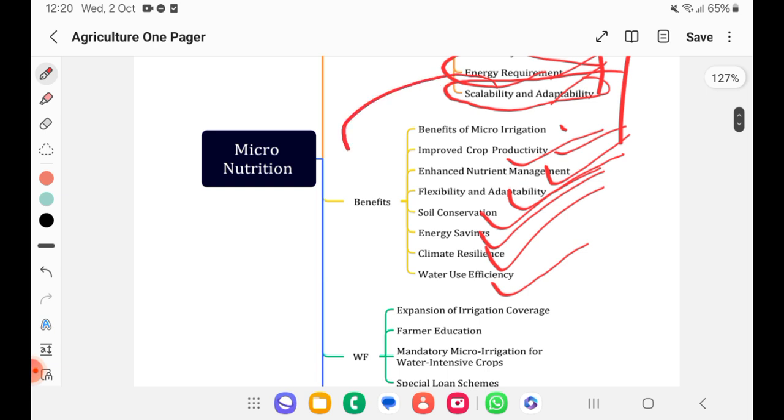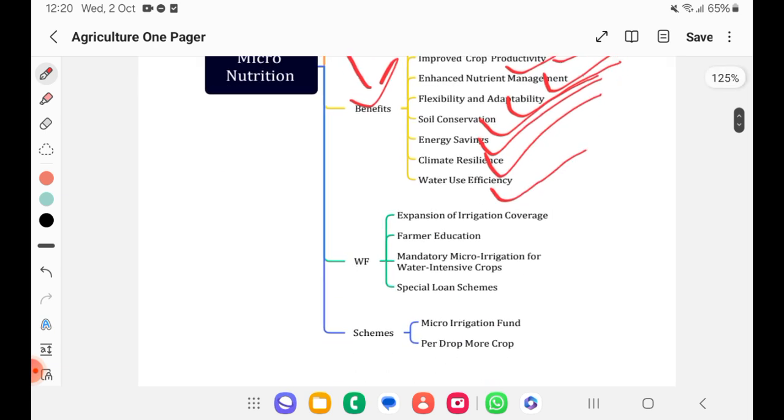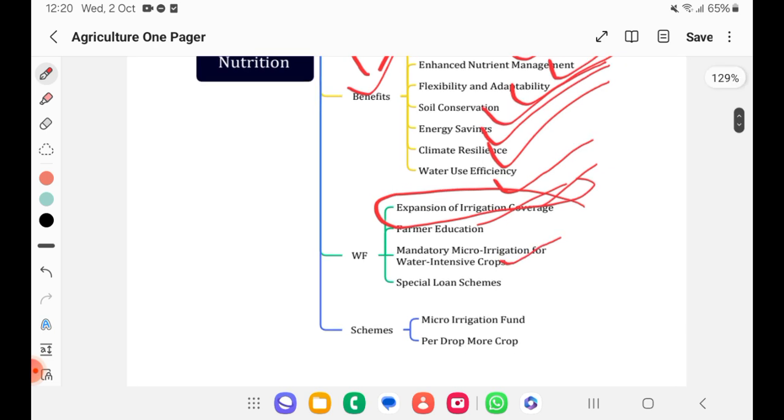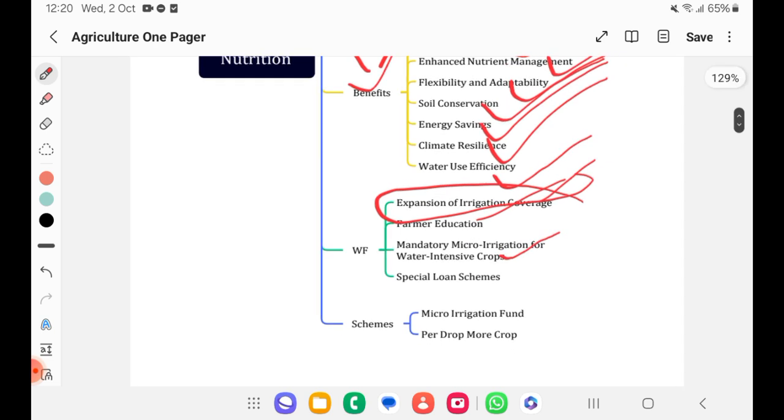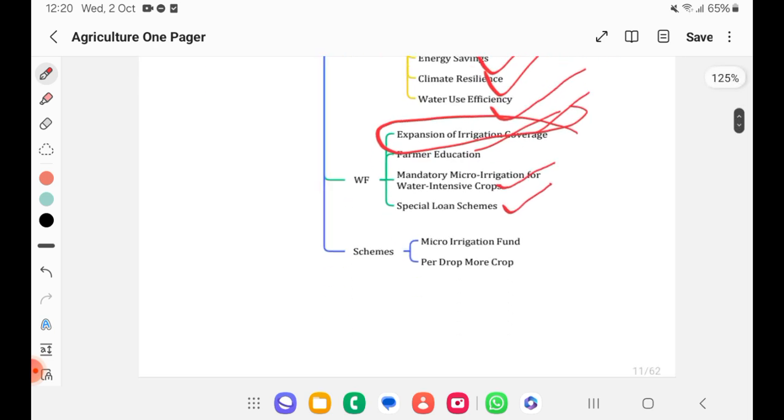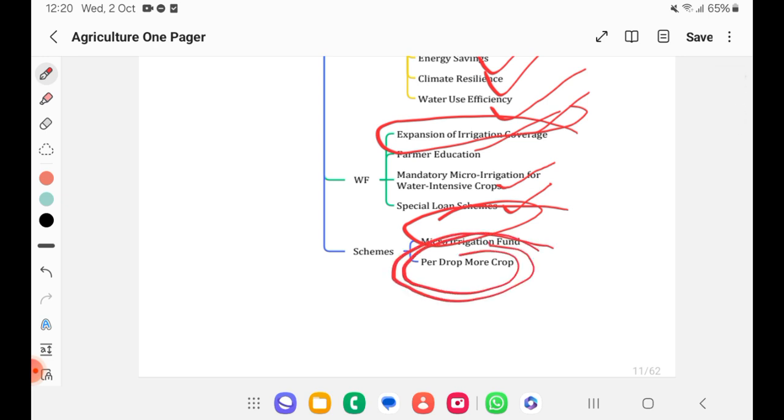Way forward: expansion of irrigation cover, farmer education, mandatory micro irrigation for water intensive crops, and special loans should be given. Schemes are there for micro irrigation, that is the Micro Irrigation Fund, and Per Drop More Crop, per one drop there should be more crop. So that is related to micro irrigation.